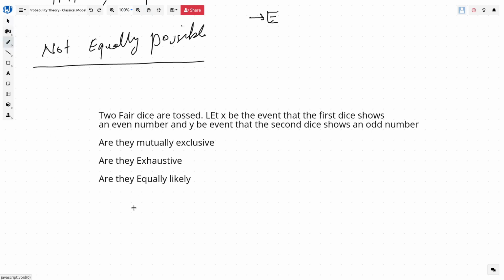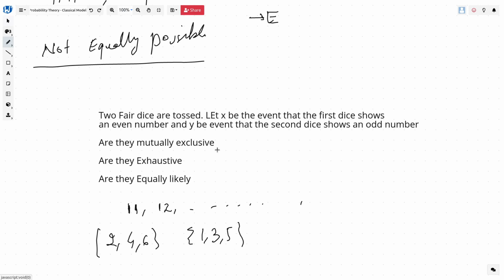The first dice gets 1 and the second dice gets 1, the first dice gets 1 and the second dice gets 2, and similarly all the possibilities, right? So the event is that the first dice throws an even number, so the first dice always appears with 2, 4 or 6. And the second dice is with the odd numbers 1, 3, 5. So these are the numbers which appear on the various dice.